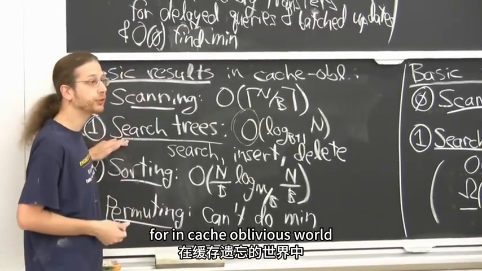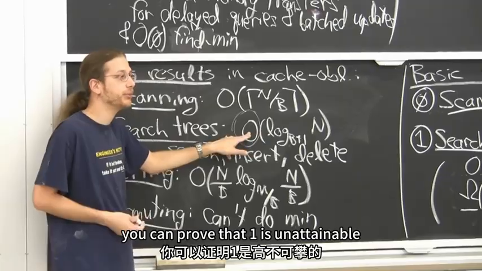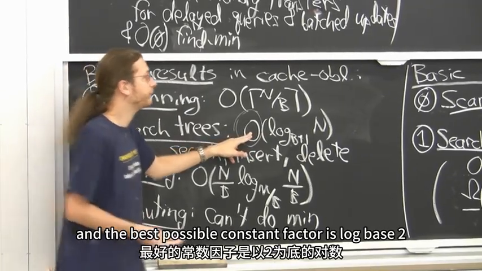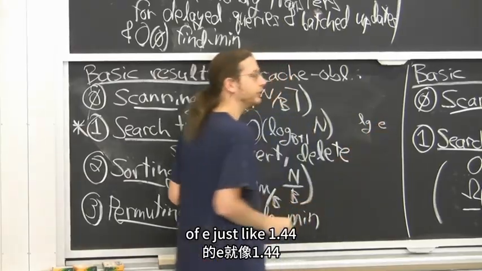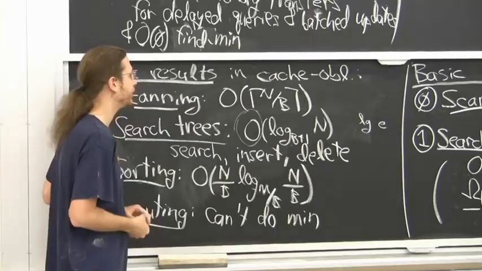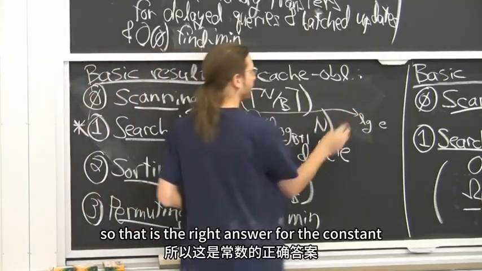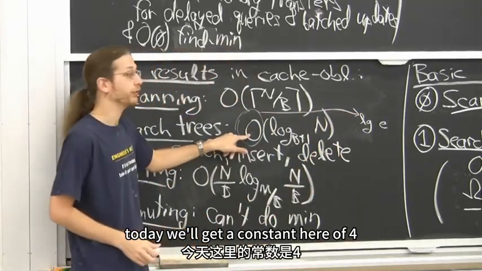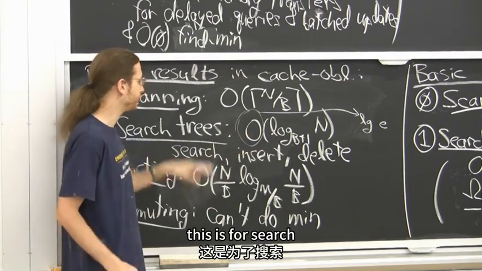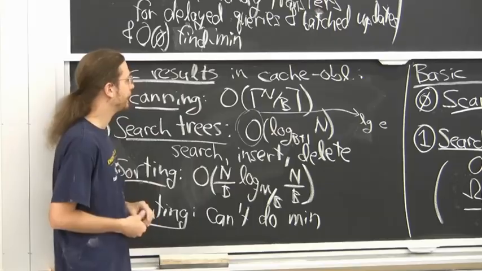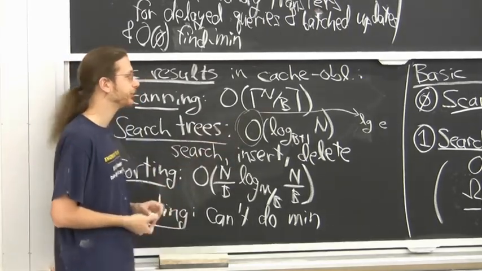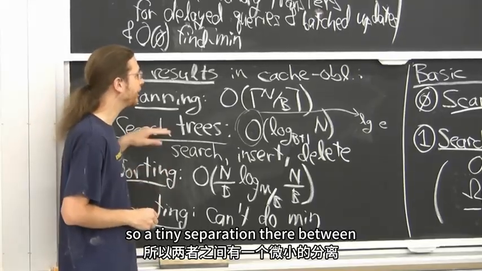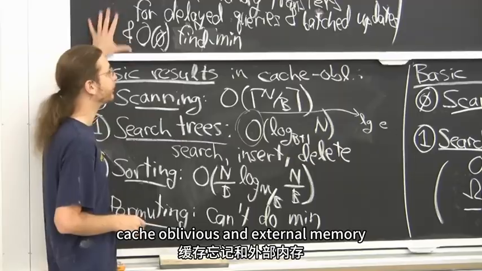In the cache oblivious world, you can prove that 1 is unattainable, and the best possible constant factor is log base 2 of e, which is like 1.44. So that is the right answer for the constant. Today we'll get a constant of 4 for search. But 4 has since been improved to 1.44. So a tiny separation there between cache oblivious and external memory.